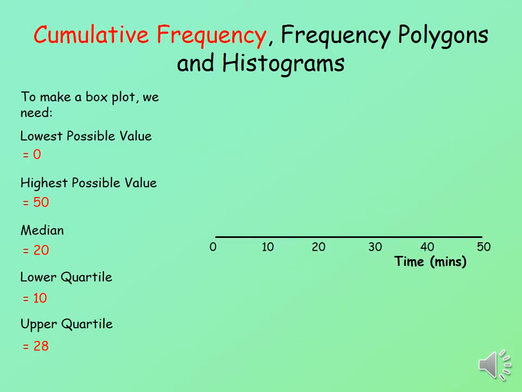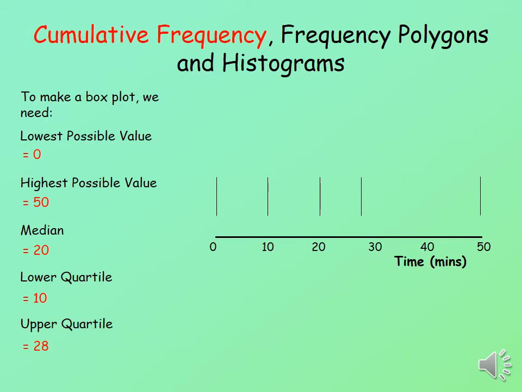Okay, so we've got the information, and this diagram looks something like this. First of all, we plot the extreme values, 0 and 50. The median goes there, the lower quartile is there, and that is the upper quartile. So this is showing what the distribution was in each of the quarters. So as you can see, in the final quarter there are more.